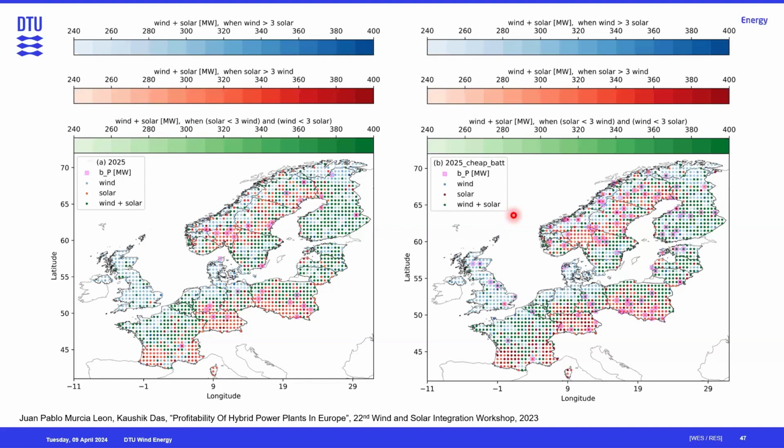So what we see is that quite some green dots are appearing all over Europe. If the technology is cheaper for wind and solar, there is good business all around Europe, even with batteries becoming expensive. But there are pockets of batteries and those are mainly due to local grid congestions.